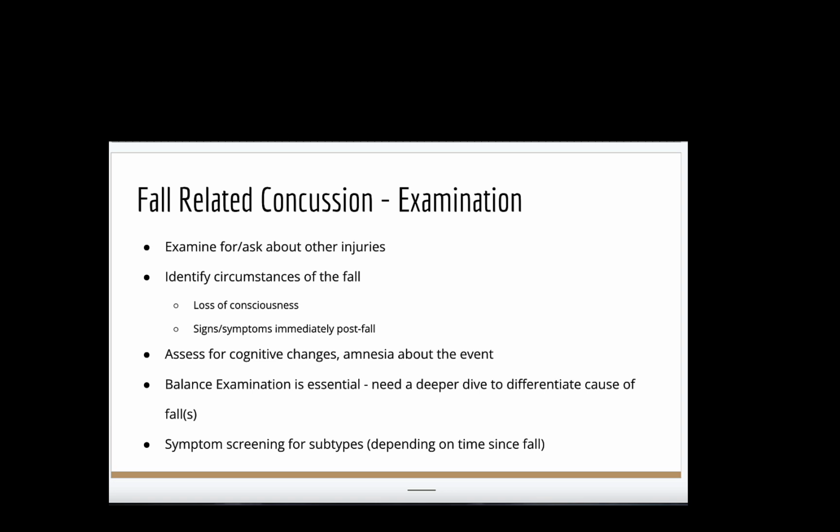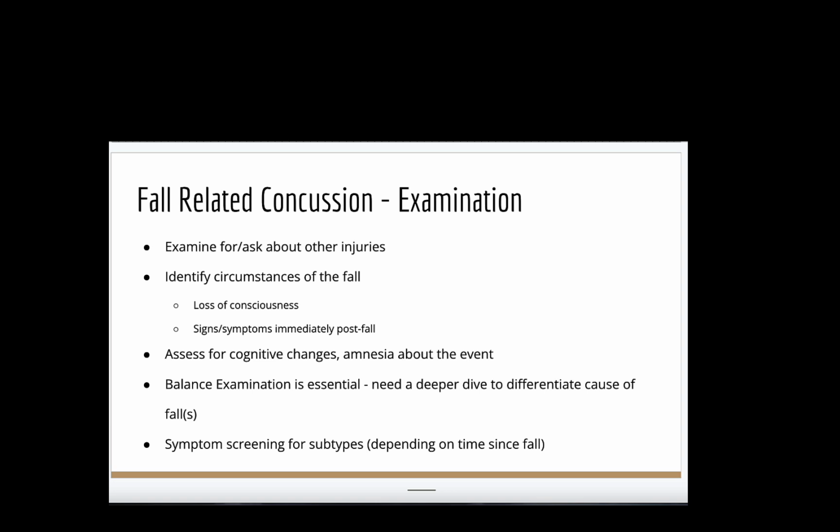And then for somebody that has persistent pain, more along the lines of post-concussion syndrome, we're going to talk about the need for being able to screen for subtypes. If somebody has fallen and was able to get into a medical environment where you can see them within 10 days, then we won't need to really worry about classifying for subtypes.